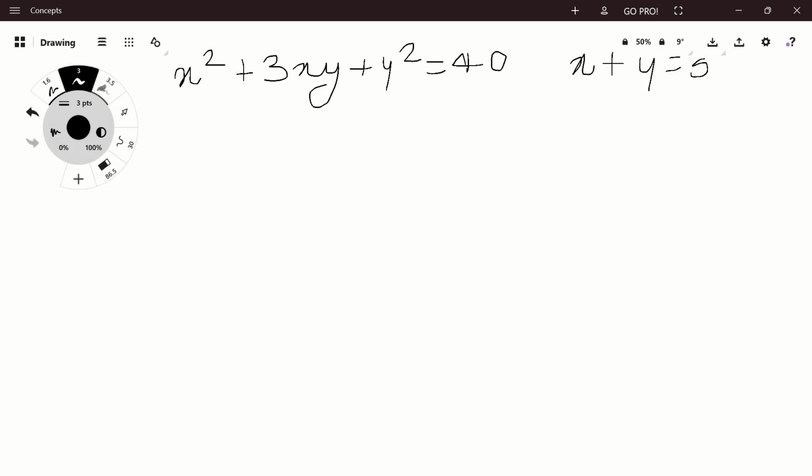The expression x square plus 3xy plus y square can be rearranged to use the known value of x plus y whole square.